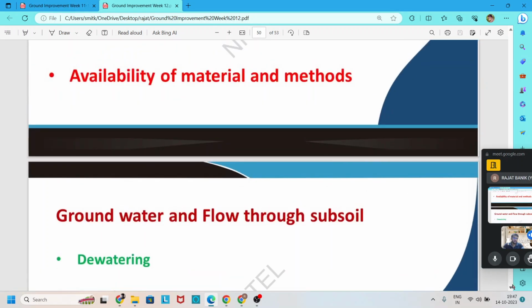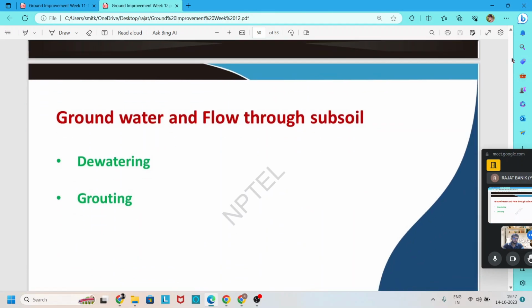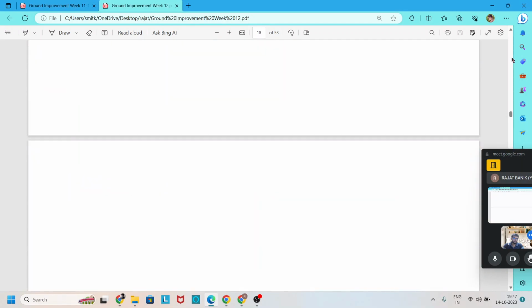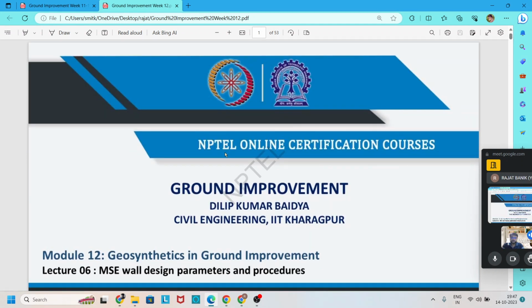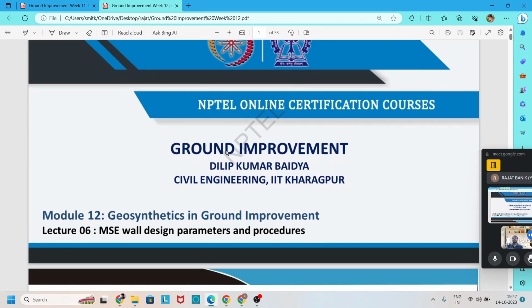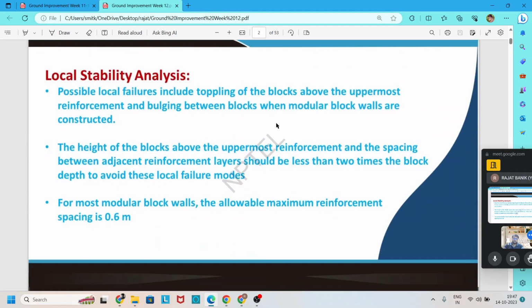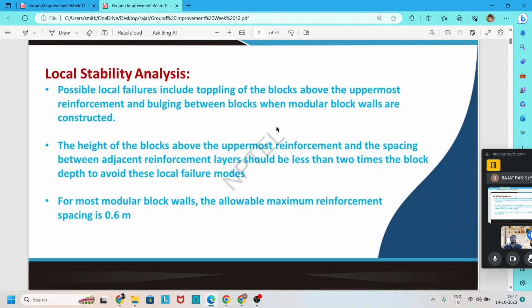In today's class, we discussed the design procedure of the mechanically stabilized earth wall, and the design parameters also we discussed. Here first we discussed the local stability analysis.